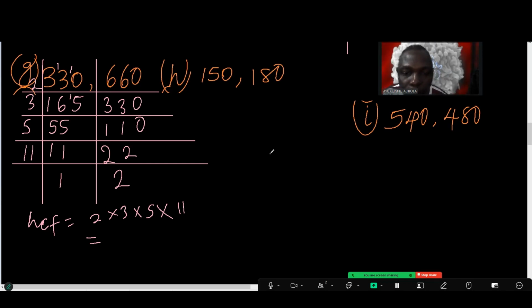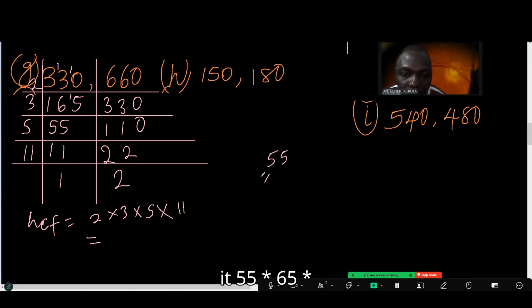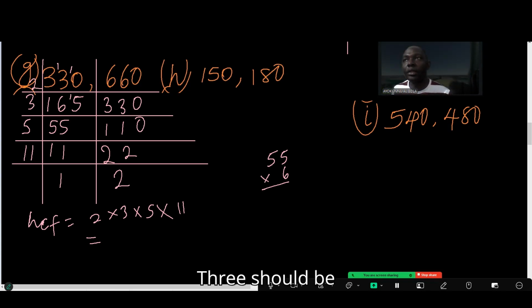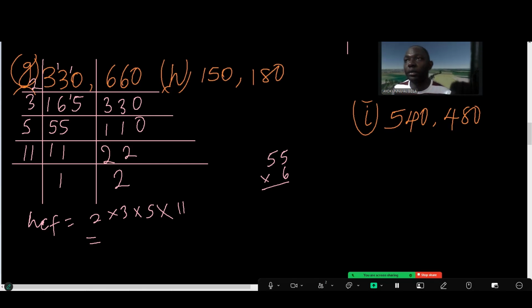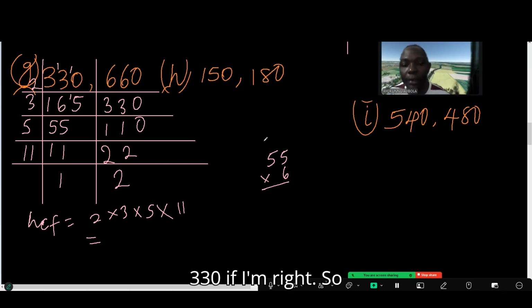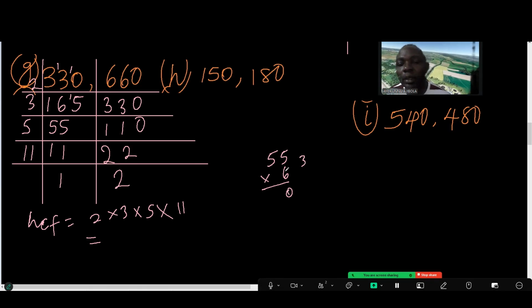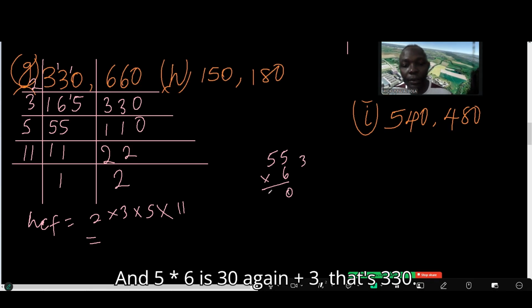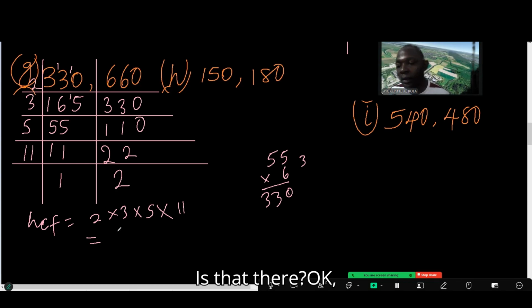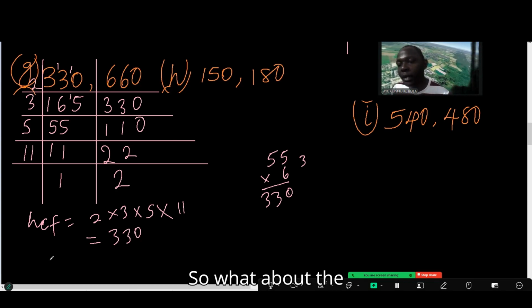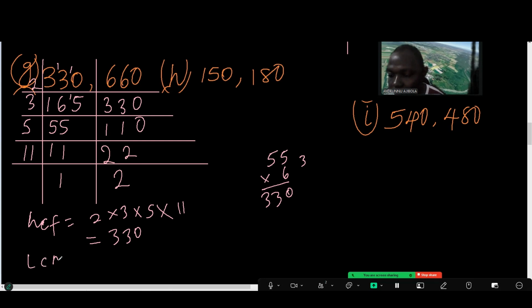So let us do 55 times 6. 55 times 2 is 110. 110 times 3 should be 330, if I'm right. So 5 times 6 is 30, and 5 times 6 is 30 again plus 3, that's 330. Is that clear? So what about the LCM?